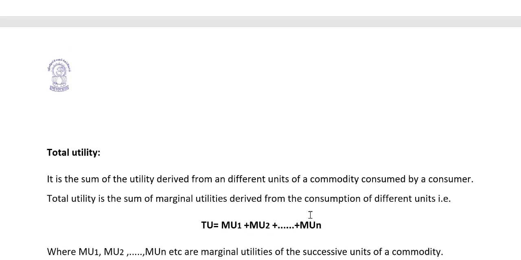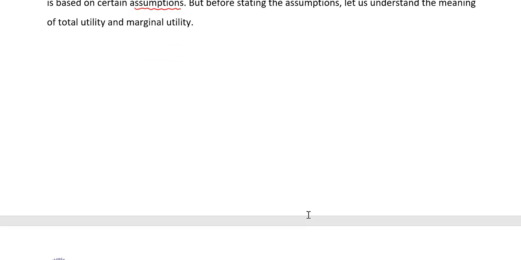Before starting total utility, let's take some concepts and then we'll move ahead.